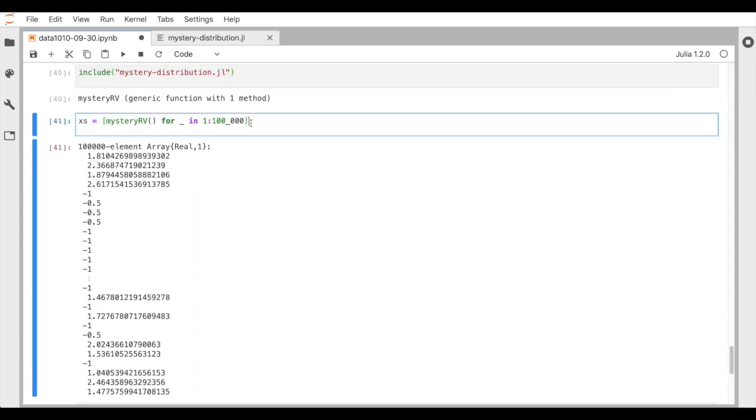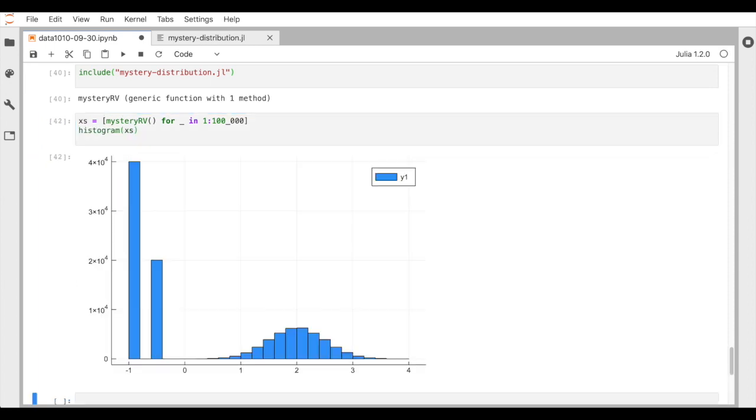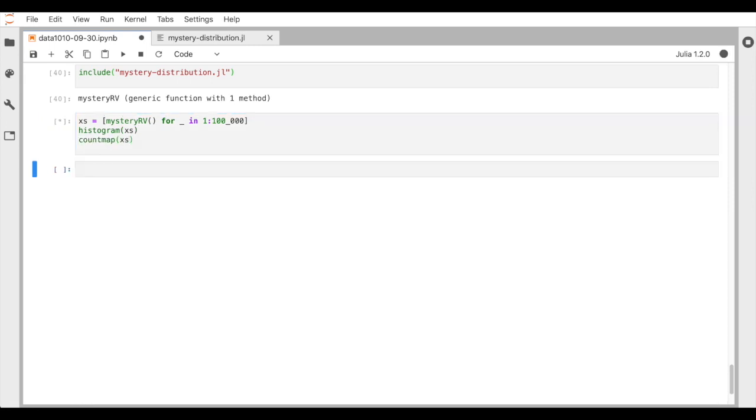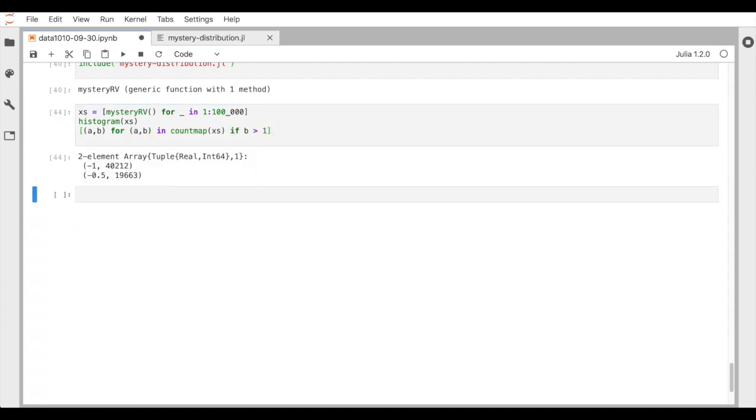So if we want to get a better look at this, maybe we'll look at a histogram. And we see that we have quite a lot of probability mass over here at -1 and -0.5, and then the rest of it seems to be spread out. So we can check that there are no other values that appear multiple times. So we're looking for all the repeats here.